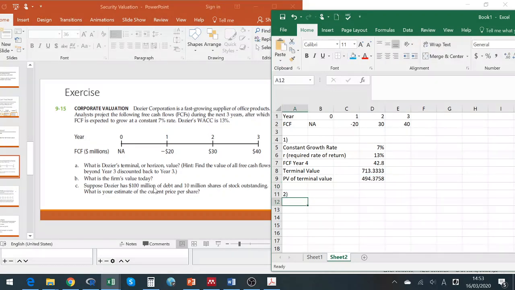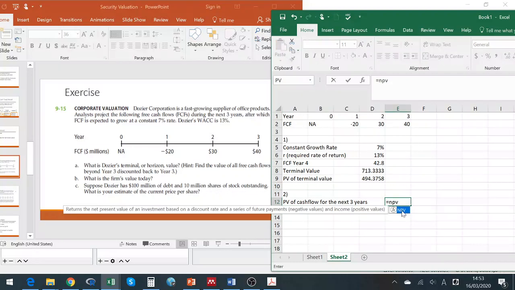Second, what is the firm's value today? We already know the terminal value, so how about the present value of cash flow for the next 3 years? It's not difficult. It's equal to NPV.